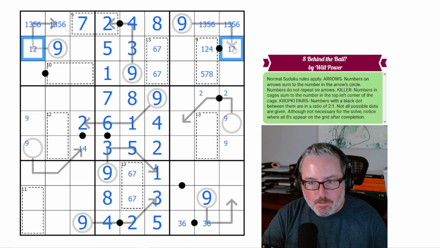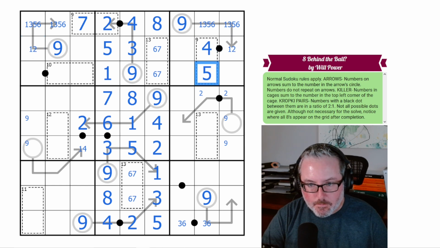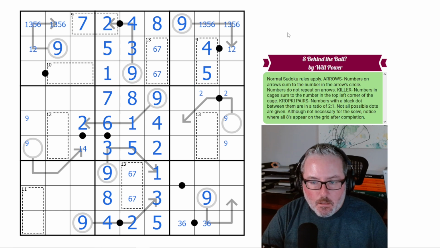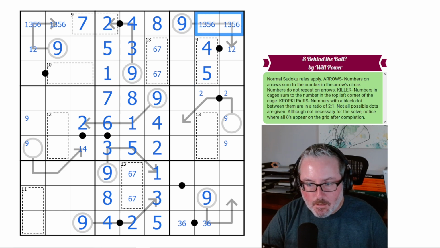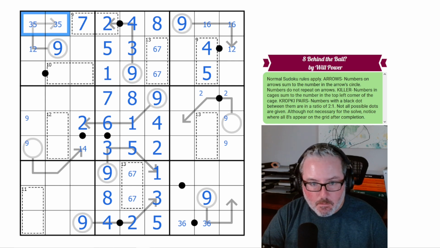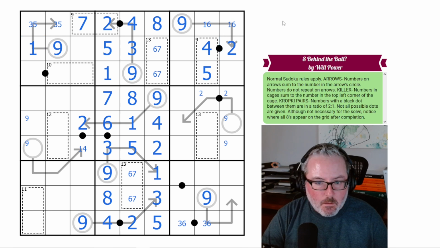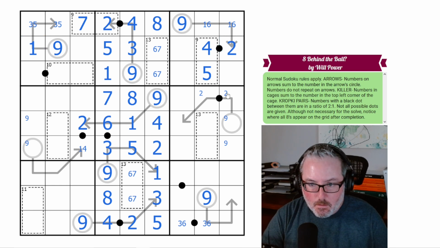Oh, but we know these are a 1, 2 pair, so this can never be a 1 or 2. So this is 4, this is 5. So therefore, this is not a 5, 3 pair. This is the 5, 3 pair. And we can get rid of all this and put our 1 and our 2 in. Now that 2 is going to tell us this is a 2. So I can get rid of that 1.